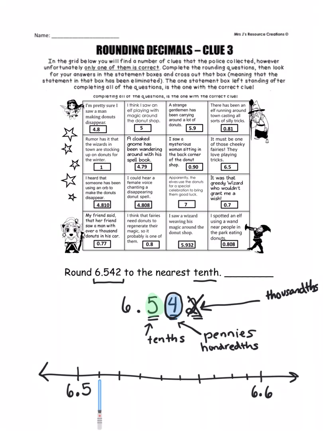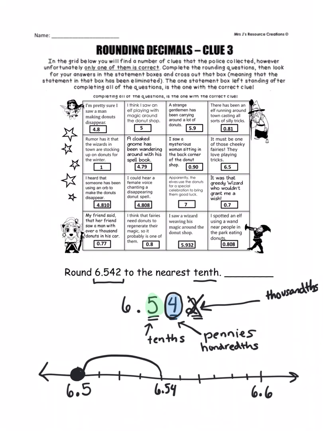This would be 6 51 hundredths, 6 52 hundredths, 6 53 hundredths, and here we would have 6 54 hundredths. So now we can see that 6 54 hundredths is closer to 6 5/10 than it is to 6 6/10.